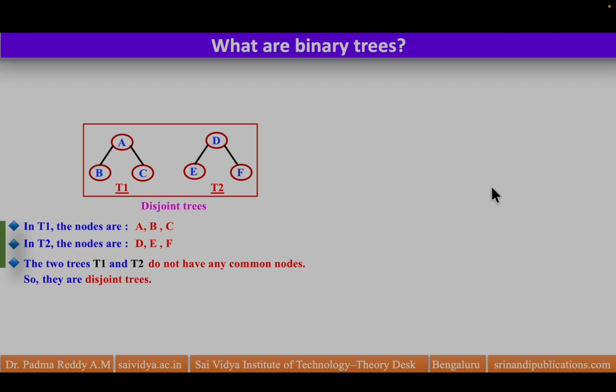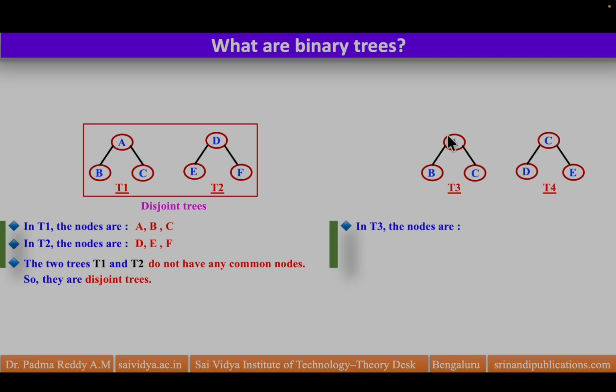Let us consider these two trees. Let me call this tree as T3 and let me call this tree as T4. In the first tree T3, the nodes are A, B and C. In the second tree T4, the nodes are C, D and E. Now, what is the speciality of these two trees?